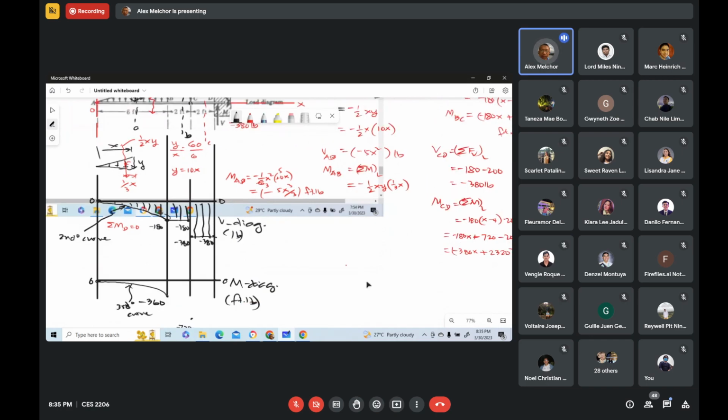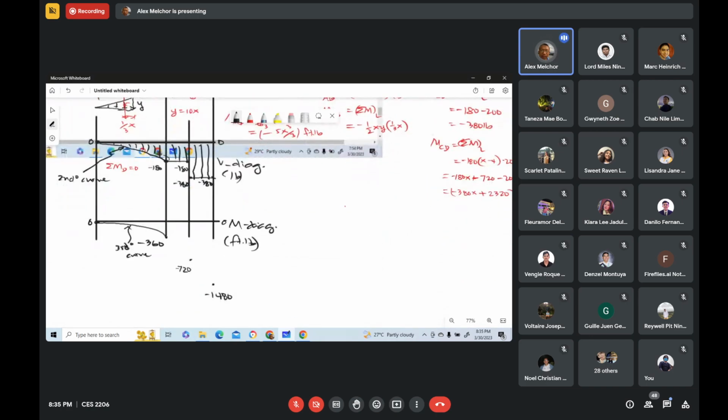Now to connect these points here, this is horizontal, so in the moment diagram, it will be straight line. And also here we have horizontal line. In the moment diagram, it will be also straight line. So this is the intensity of the moments. So this is now the moment diagram.